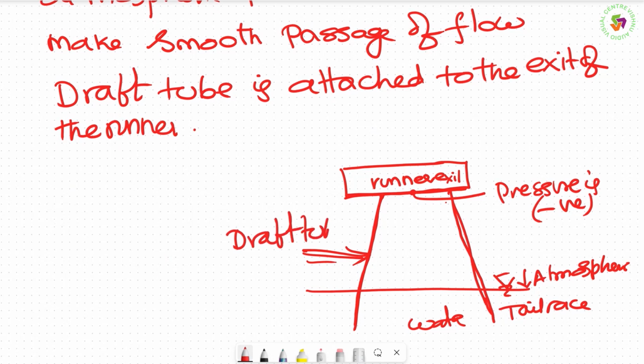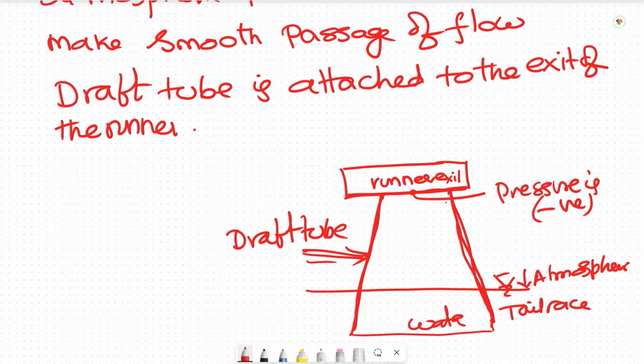So it is mandatory in the case of reaction turbines. Without that, we will not be able to discharge water at the reaction turbine exit. We will not be able to ensure that the water leaves the turbine properly. So a draft tube is a very, very important component in the case of the Francis turbine.